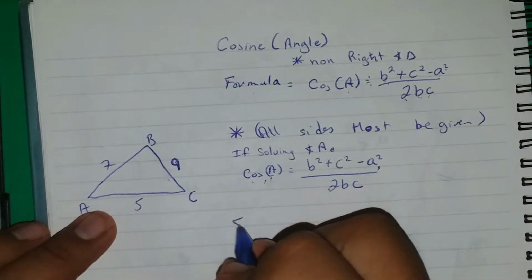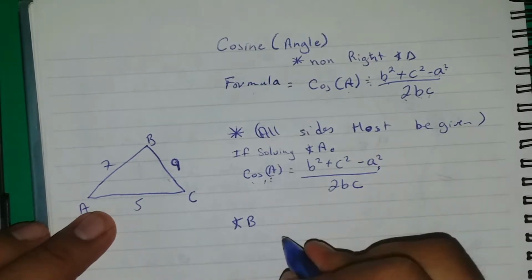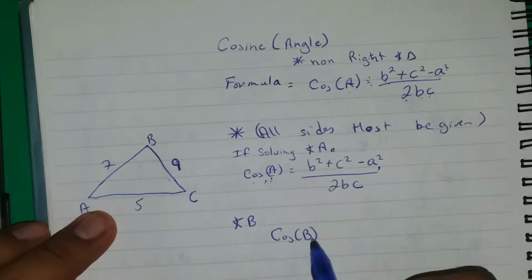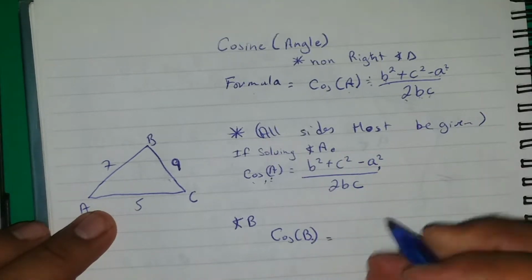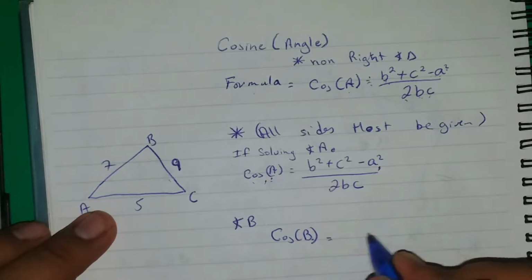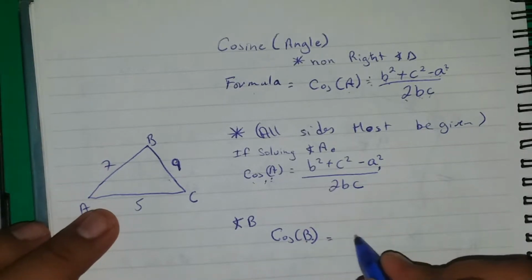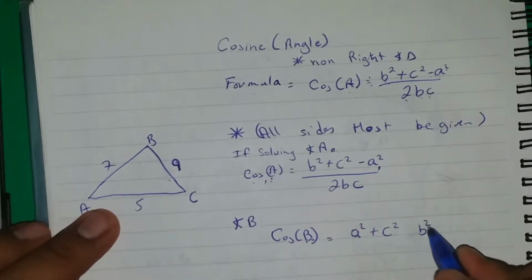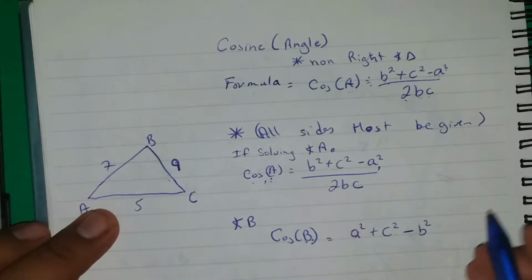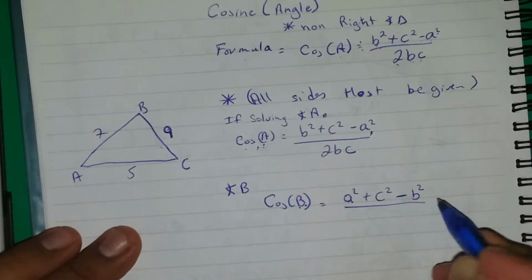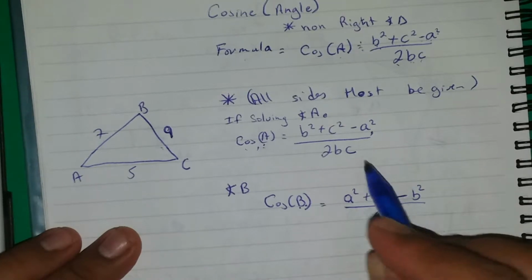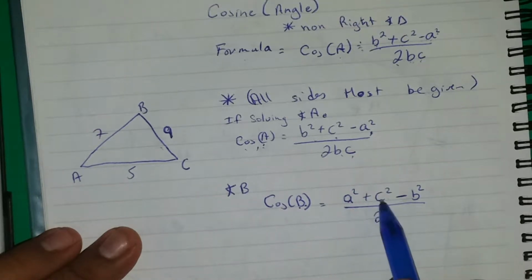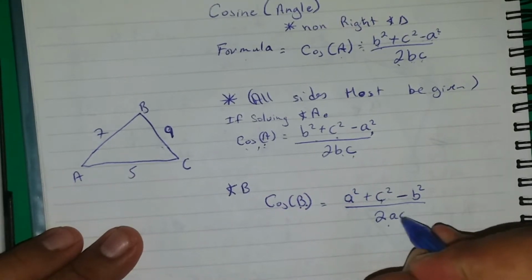If you're solving for angle B, then that's going to be cosine of angle B. Notice that I cannot use B within the first two letters. So if it's B, then I'm going to put A and then C, and B last, but I am going to subtract that, and that's going to be over 2, and since I had BC before, now I have AC down here.